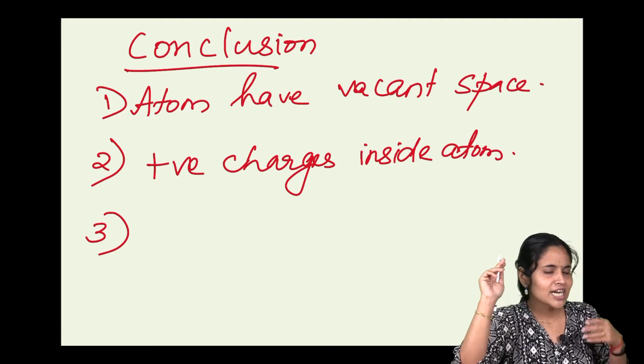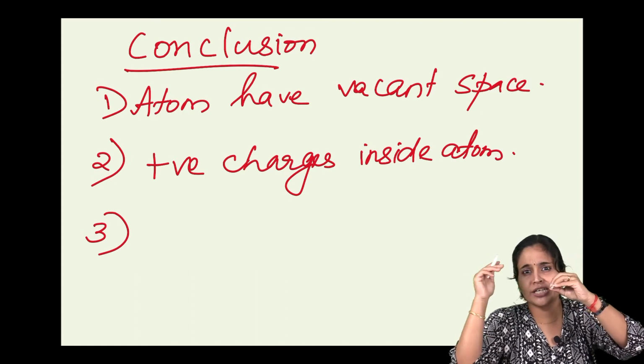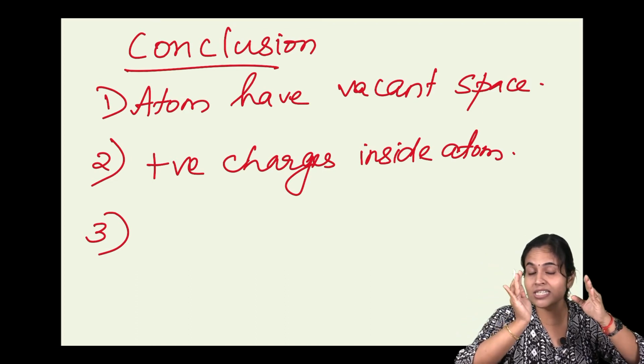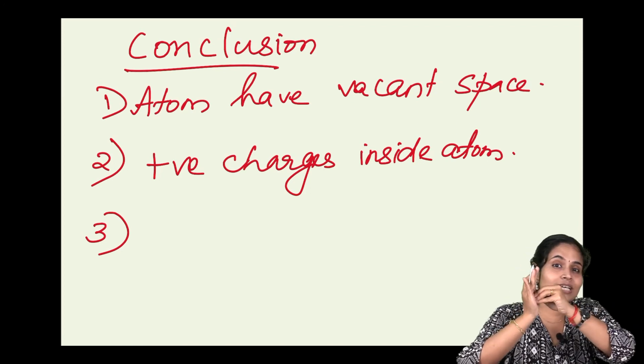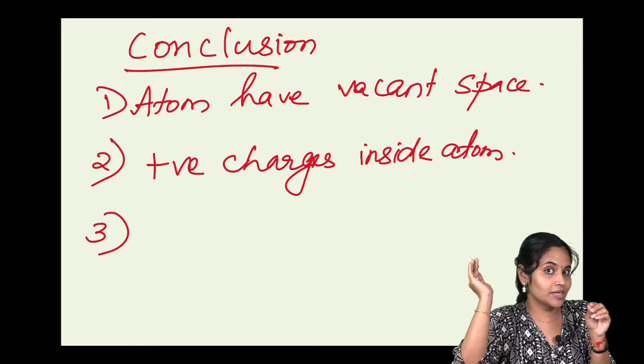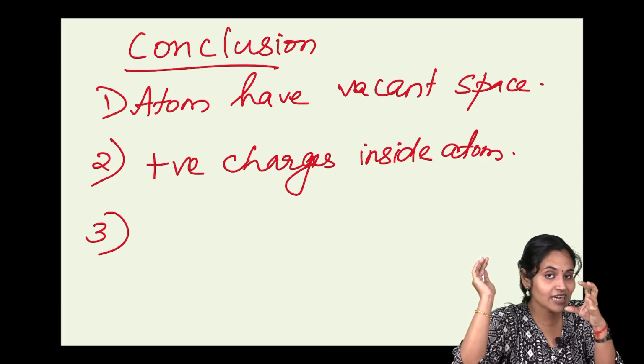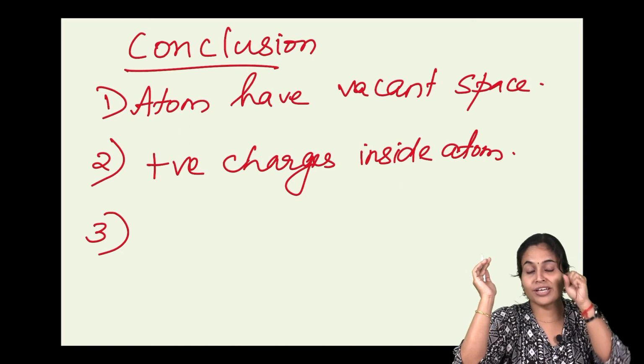So that means the positive charge inside the atom will be located at a particular point, and only those particles which are exactly striking this positive sphere will be deflected at an angle of 180 degrees. Correct? So these positive charges inside the atom will be located in a portion at the center.